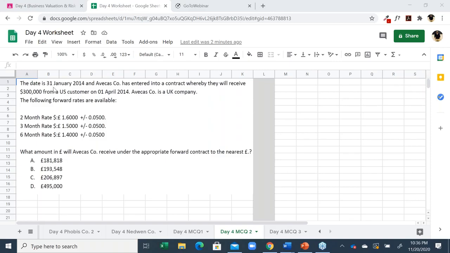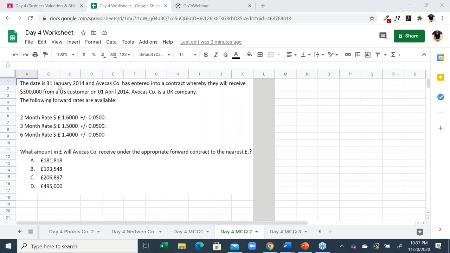The date is 31st January 2014, and the company entered into a contract. They will receive 300,000 US dollars from a US customer on 1st April 2014. So it's February and March, 2 months, right?